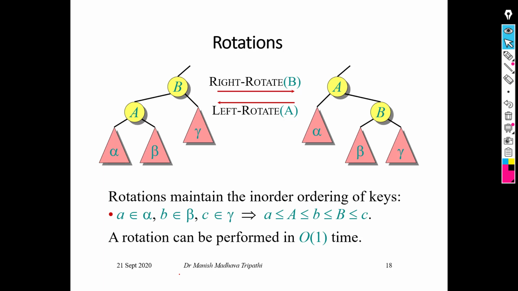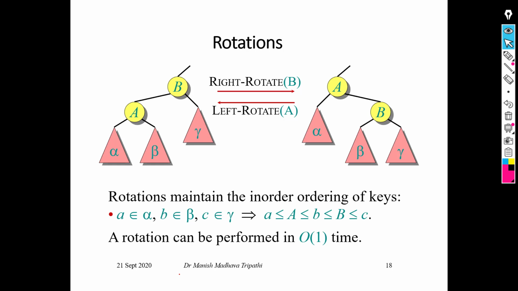By using rotation, the unbalanced part can be shifted to the balanced one. So if the number of nodes on one side is more than the number of nodes on the other side, then by using the property of rotation, by shifting, we can shift a node from one side to another side, and as a result the nodes can be balanced.